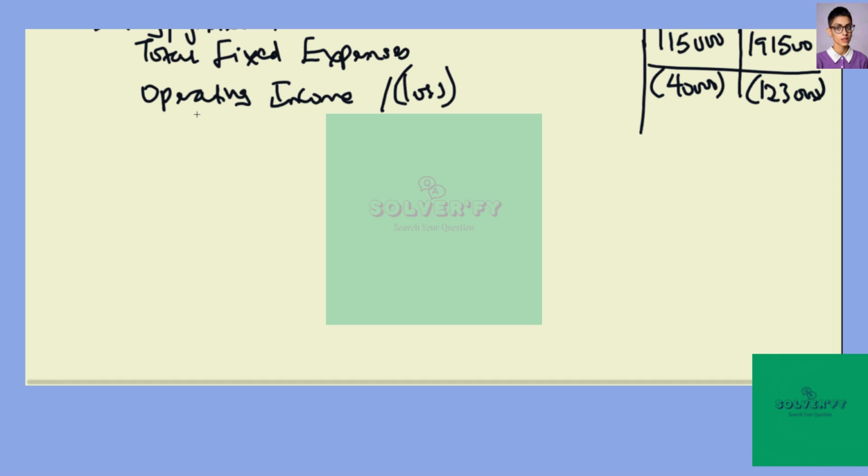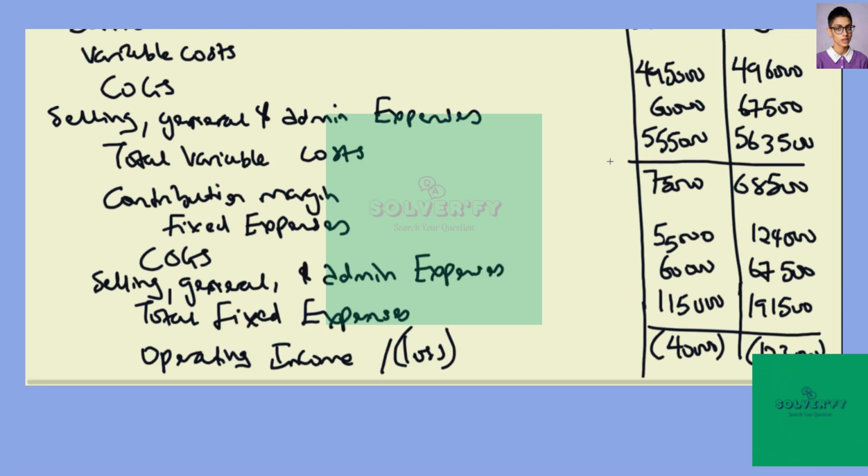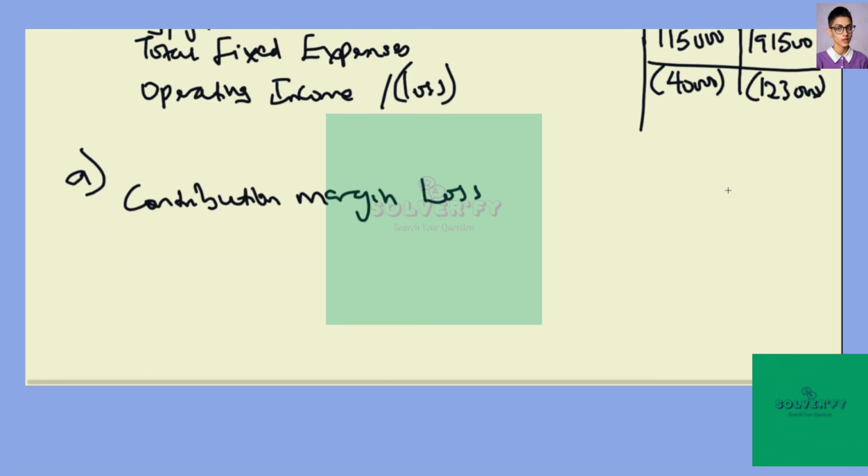So for the first question, the contribution margin loss is 75,000 for division A, which is right here. And then the savings of the fixed expenses, and this is $46,000.